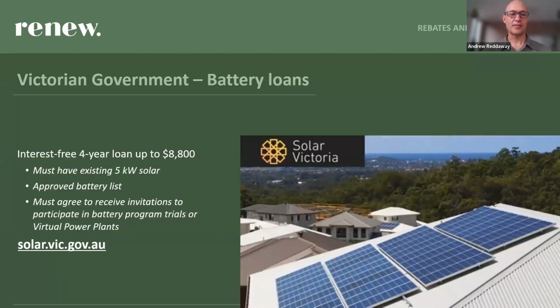Rebates for batteries. It's changing over time. Governments keep changing their mind. Well, maybe that's a bit unfair. They keep evolving their programs, and at the moment, Solar Victoria, basically the Victorian government, is not providing an upfront rebate as such off the price of the battery, but what they are doing is an interest-free loan up to 8,800.